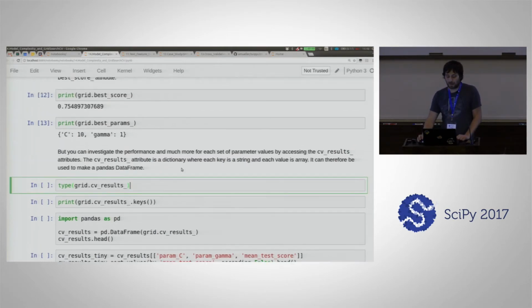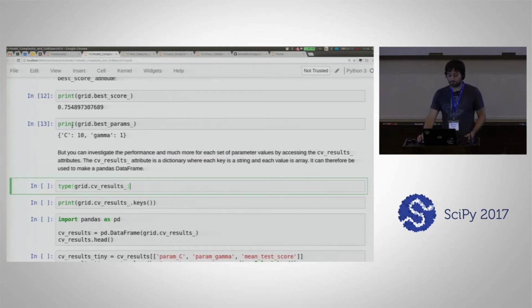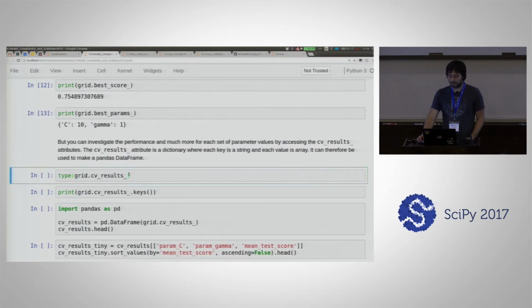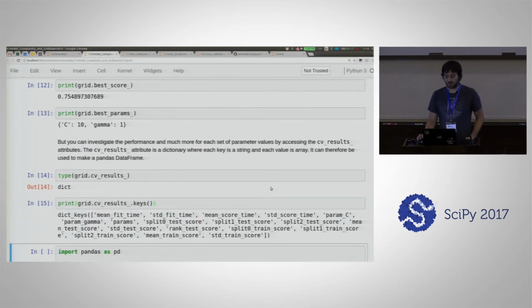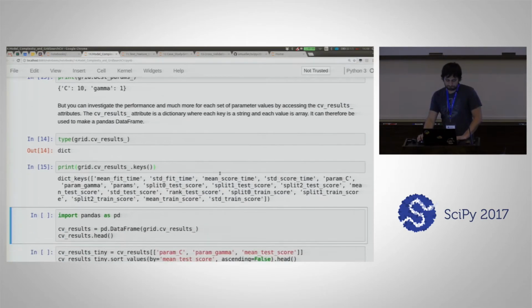So we have this best score and best params, but we also have cv_results_, which is a dictionary that contains a whole bunch of things. It contains, for each split of the data, the fit time for each parameter combination, and it contains the mean fit time, the standard deviation of the fit time, score time, and so on, the parameter settings, and for each of the splits that we have, the scores of the split.